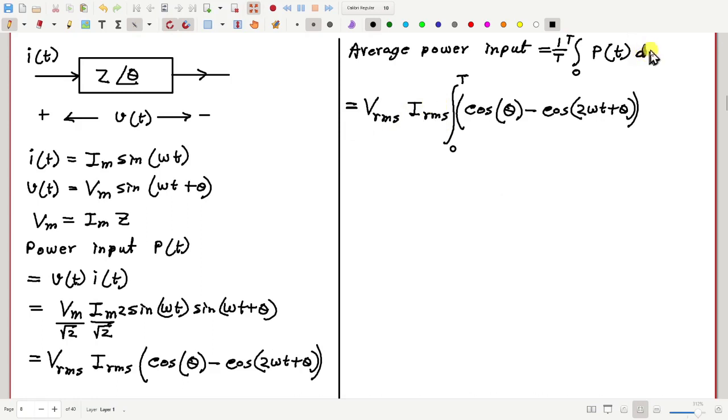I missed a dt here, here also dt, and then we divide this by capital T.